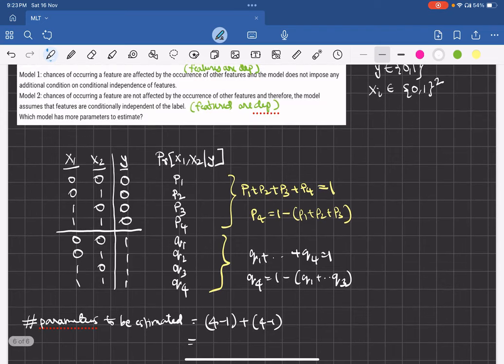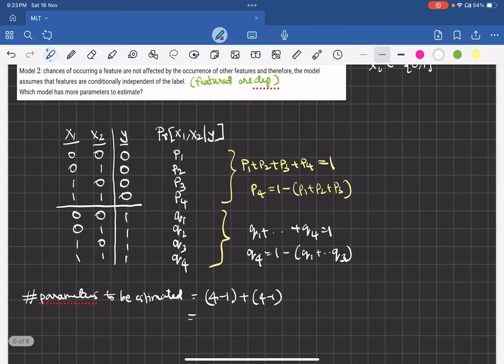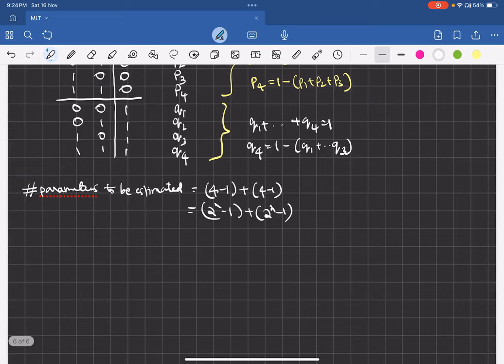We got 4 because 4 is the number of possibilities of having x1 and x2. Because it is binary, each feature has 2 possibilities and there are two features, so we have 2 power 2. So we can write this as 2 power 2 minus 1 plus 2 power 2 minus 1. In general, this takes the form k power d minus 1 plus k power d minus 1.